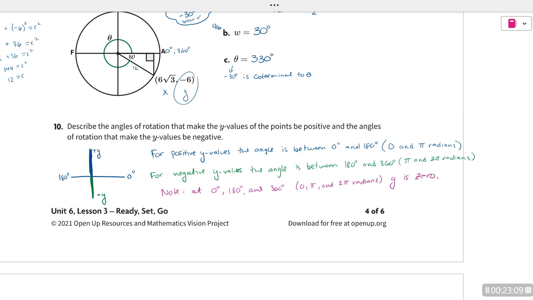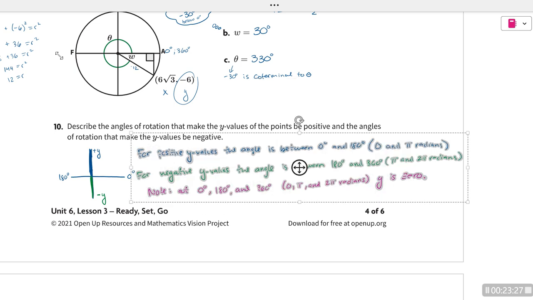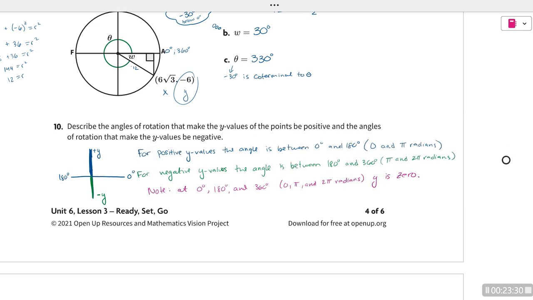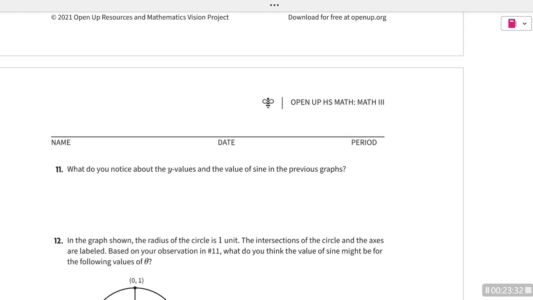So it's neither positive nor negative. Now, when I say that, obviously we can have an angle that is much higher than 360. We would go to a coterminal angle to try to determine that. Let me get this all on our page here. Just move it over slightly. There we go.